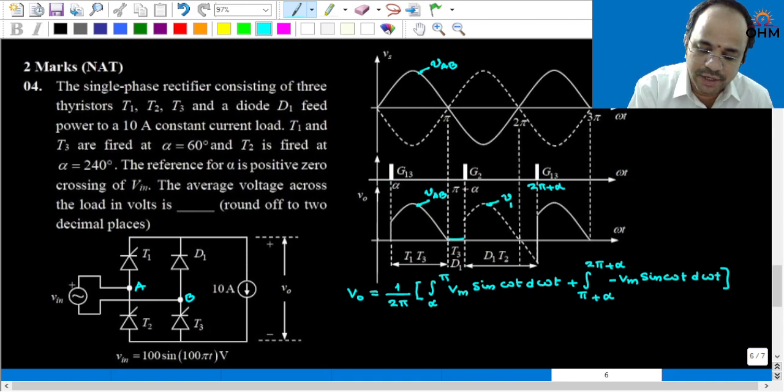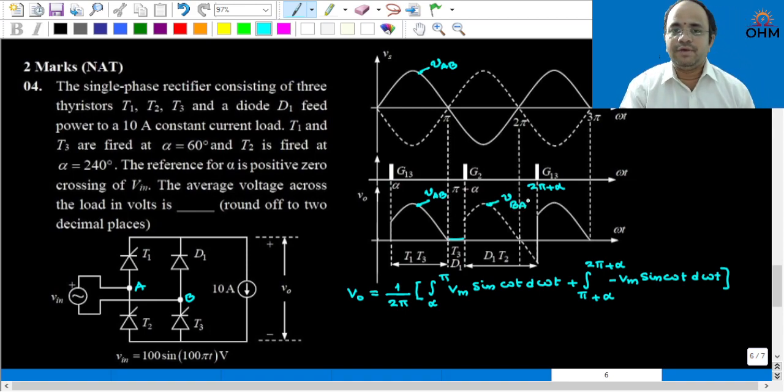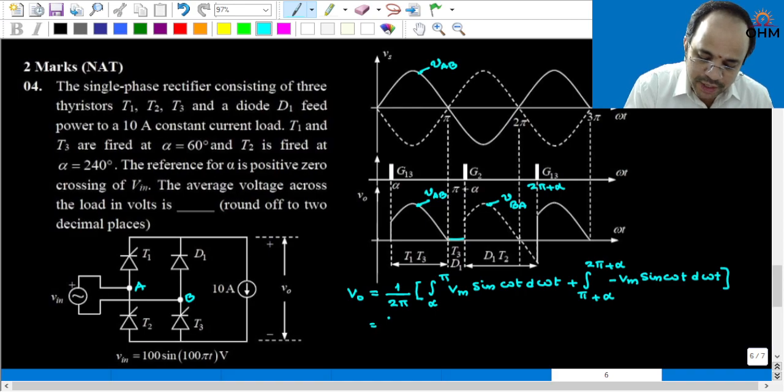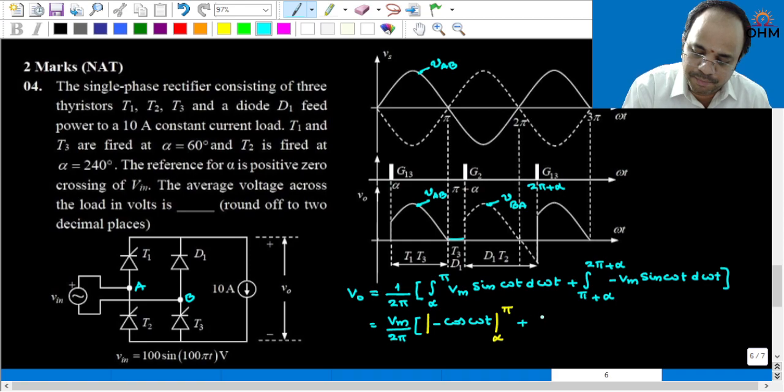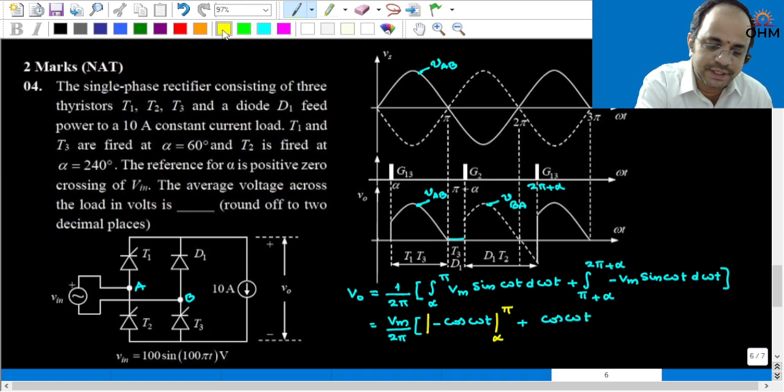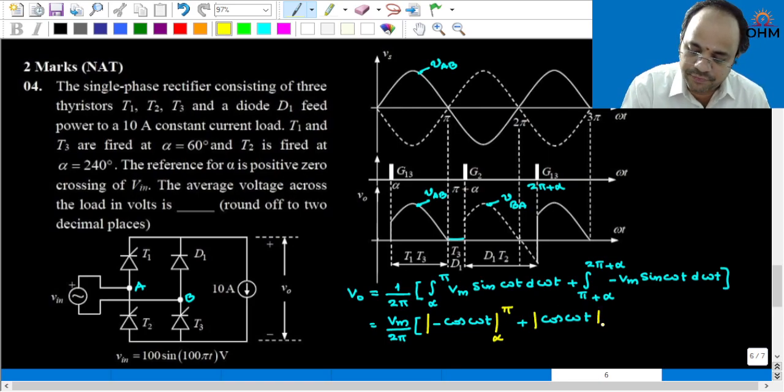Because these dotted lines are the VBA waveform. So you can take Vm outside. So Vm by 2 pi into minus cos omega t, and you have to substitute the limits alpha to pi, and the second term minus of minus, plus cos omega t, from pi plus alpha to 2 pi plus alpha.